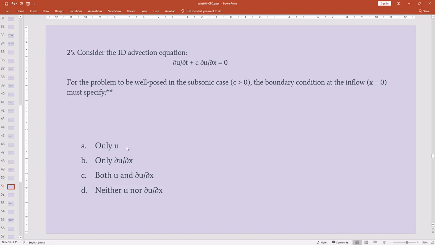Option A, only u. Option B, only ∂u/∂x. Option C, both u and ∂u/∂x. Option D, neither u nor ∂u/∂x. So, which is the essential boundary condition that we need at x = 0.